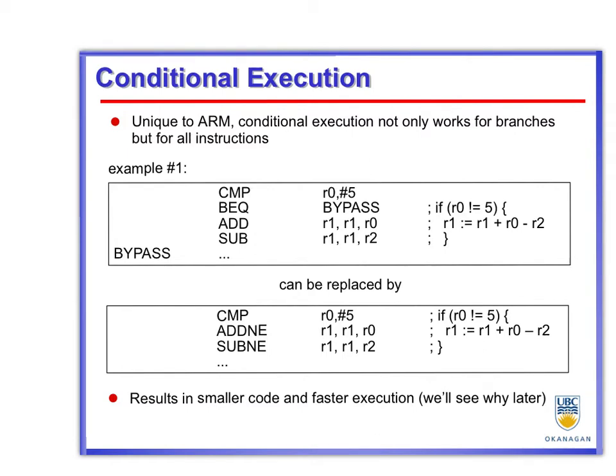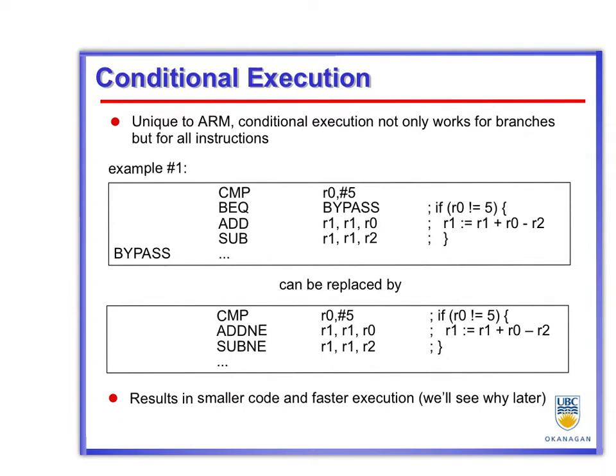So if you do the compare statement and then you do some other statement, for instance, if you did the compare and the add without the NE, and this add resulted in, okay, let's go back. The compare, let's say R0 and 5 are not equal. R0 does not contain 5 in it.